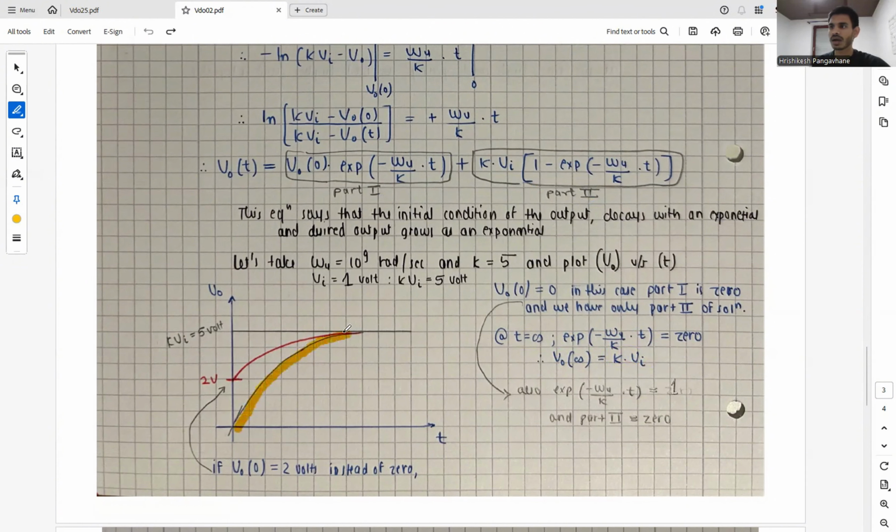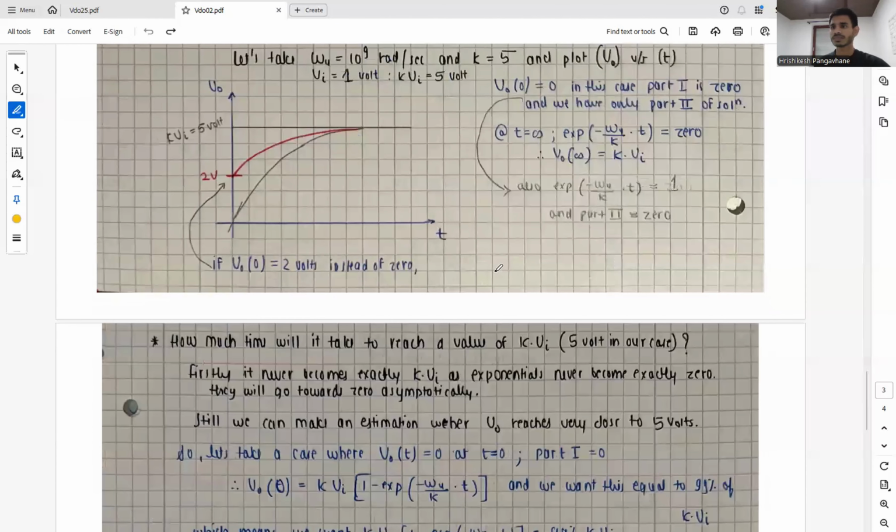So this is how our graph will look, and over here we considered that our v out at t equals 0 starts from 0. If that's not the case and our v out is already at 2 volts at t equals 0, then the curve will look like this, but at t equals infinity it will asymptotically reach the value of k vi.